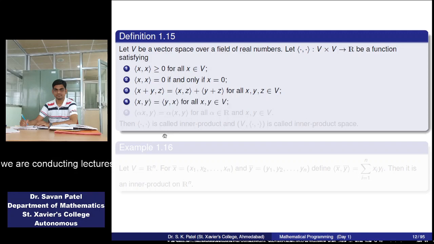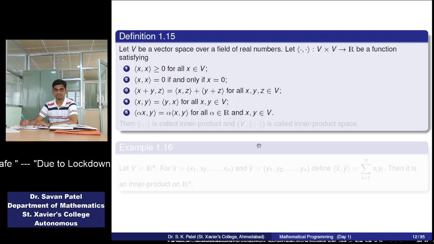Inner product of x with y should be the same as inner product of y with x for all x, y in V. And inner product of alpha times x comma y should be the same as alpha times inner product of x with y for all alpha in R and x and y in V. Here I am taking V as a vector space over the field of real numbers.